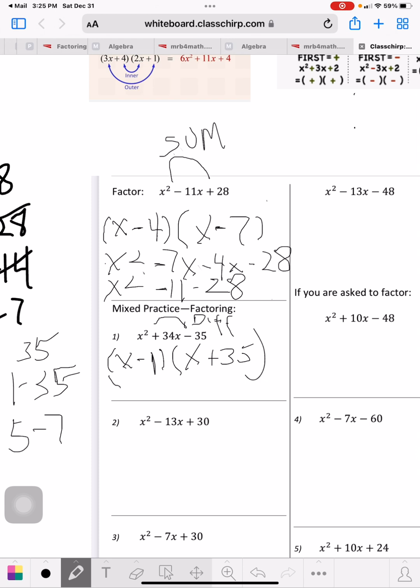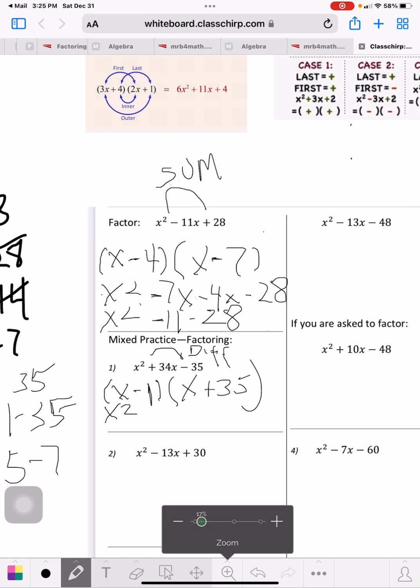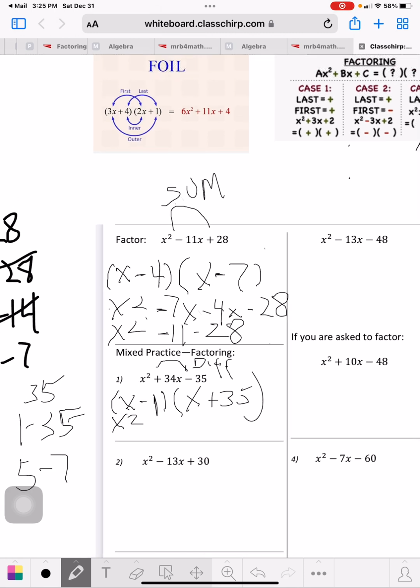So we get x squared, that's the first. Now the outer is x times 35, a positive 35x. Now the inner is 1 times x, negative, so it's a negative 1x.